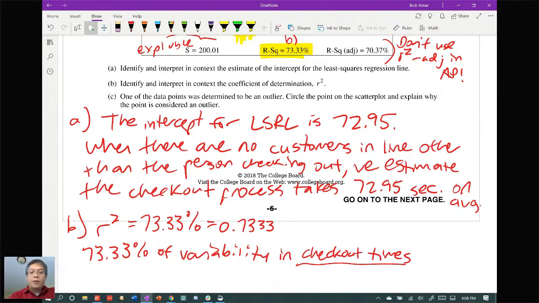Maybe I should put this in a different color. Blue.